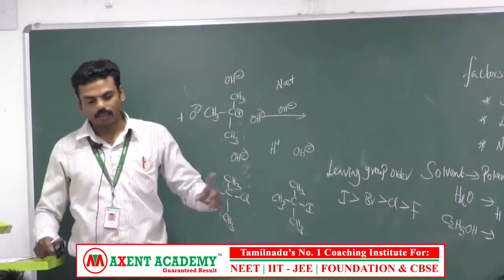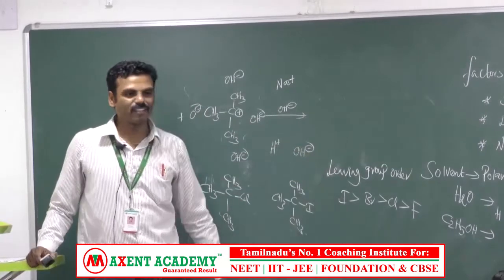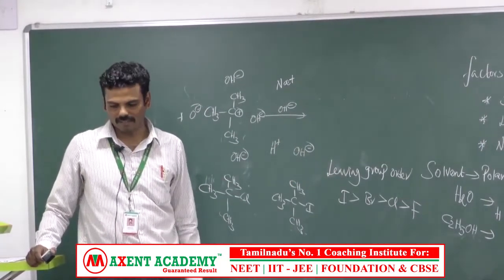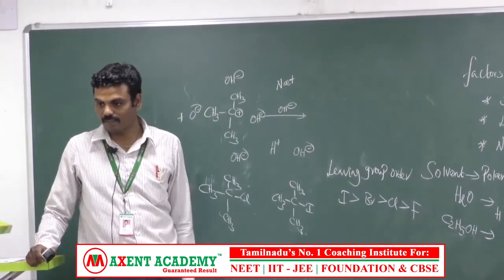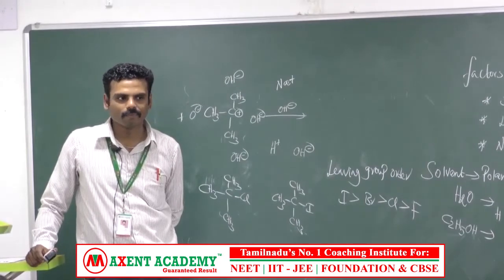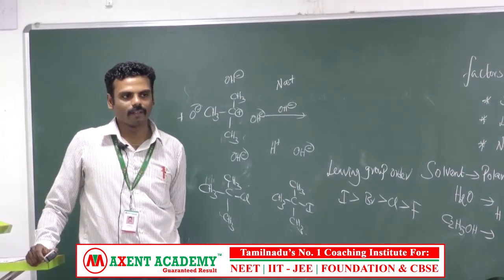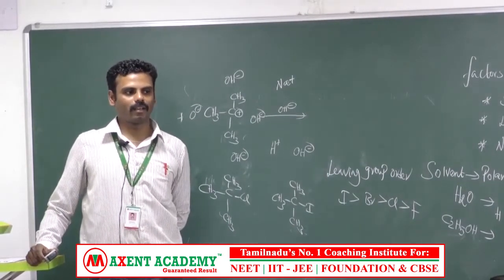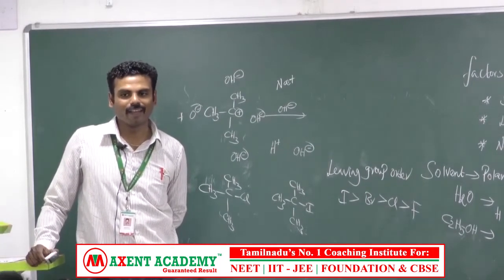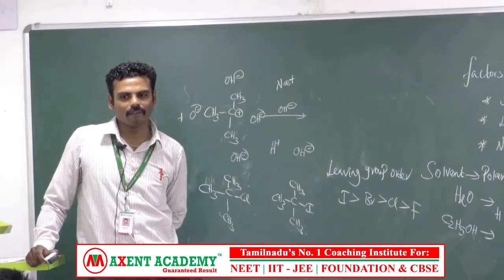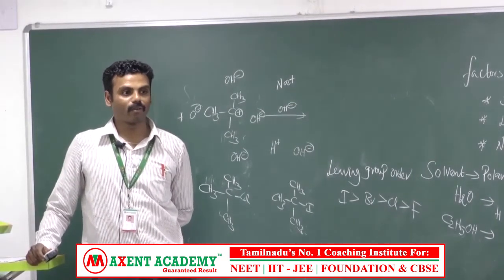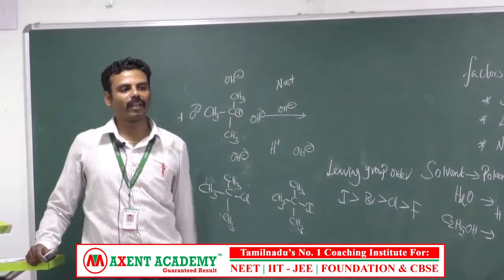Then the most important thing is the nature of the substrate. Which substrate can make SN1 faster? Tertiary. Tertiary is the highest. Tertiary molecule is having the highest potential to make SN1 reaction.